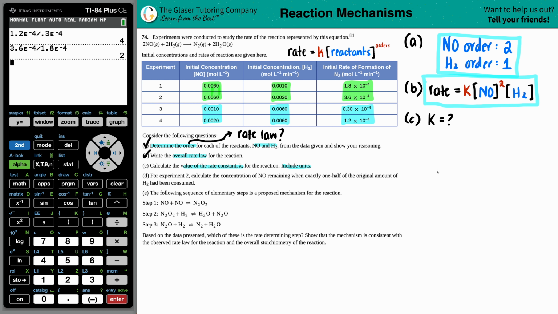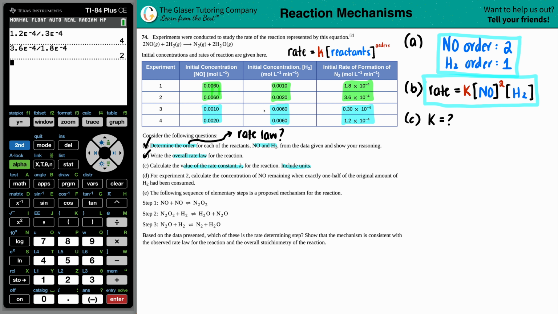Now, the question here is, we want to solve for K, but we have 4 trials. There's a lot of ways to find K, but the majority of the time what teachers or professors want you to do is just use one experiment, plug it in, and solve. Most of the time, I don't know why, they always choose the last value.